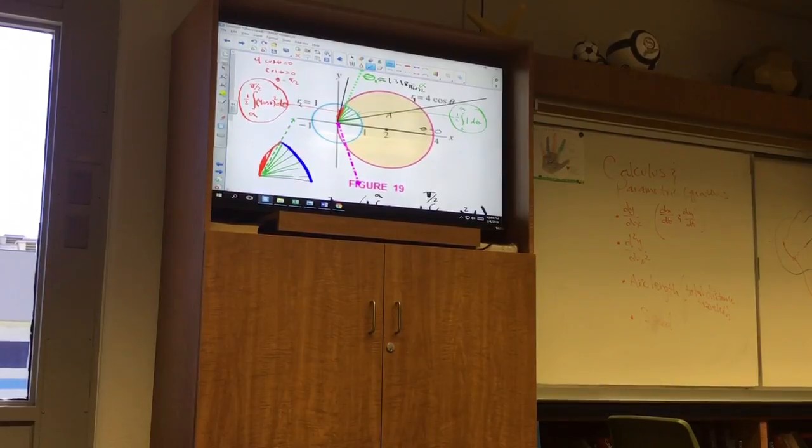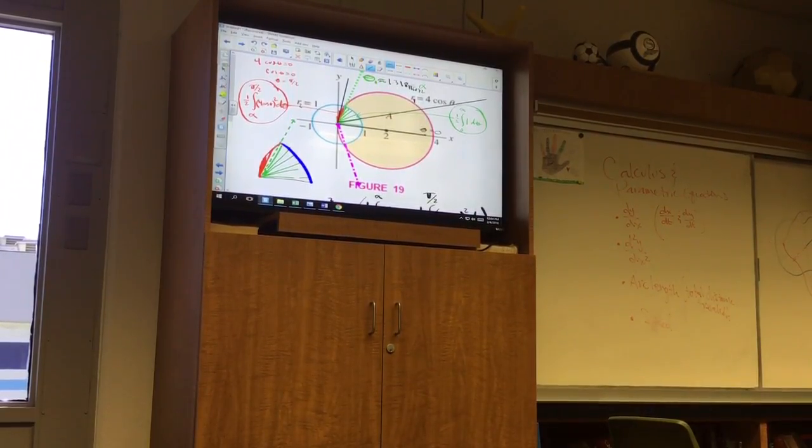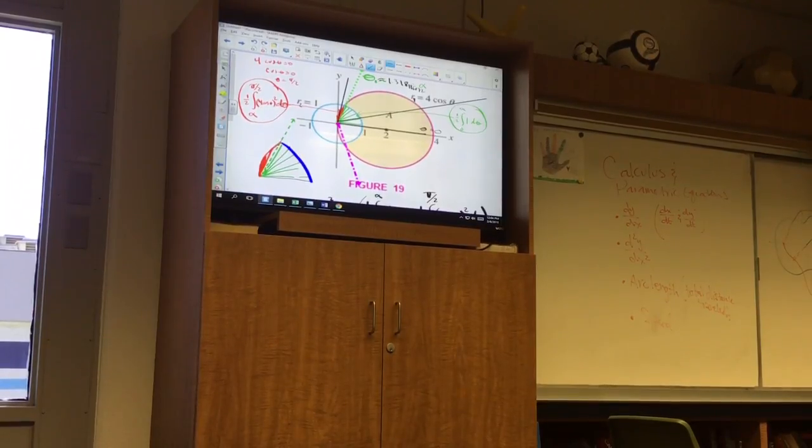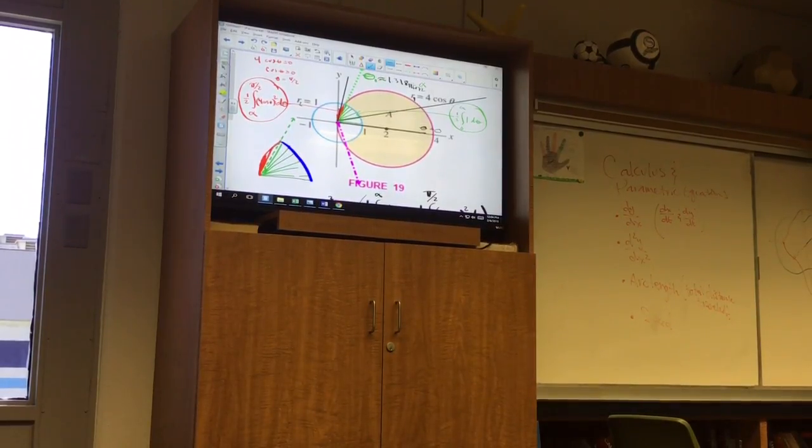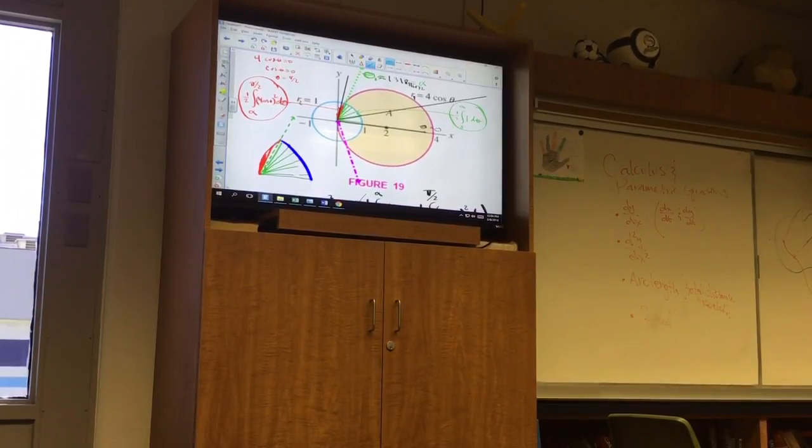So really somebody might have that this is 4 pi minus 1/2 times the integral from negative pi halves to negative alpha of quantity 4 cosine theta squared d theta.